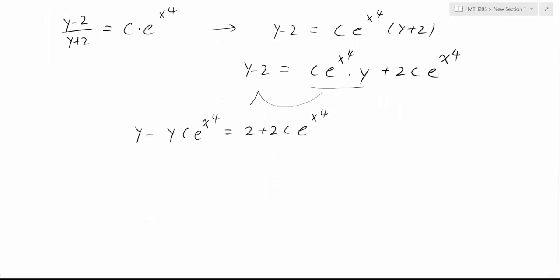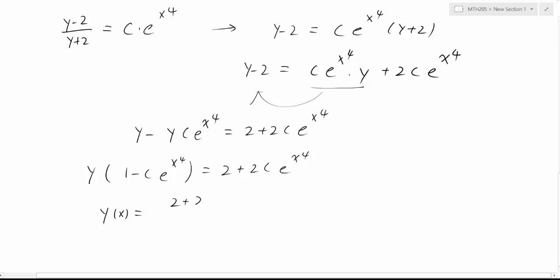Now we pull out y, so we have y times (1 minus c e to the x to the fourth), and it's equal to 2 plus 2c e to the x to the fourth. So now we can solve for y. This unknown function is equal to (2 plus 2c e to the x to the fourth) divided by (1 minus c e to the x to the fourth).